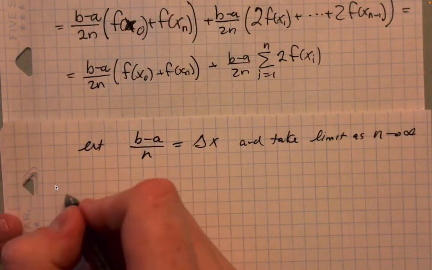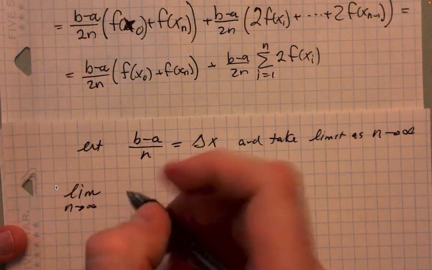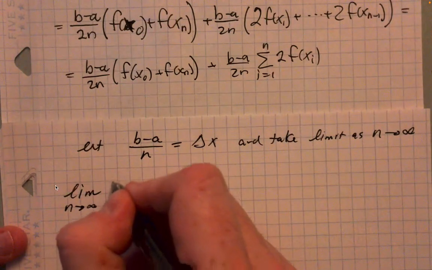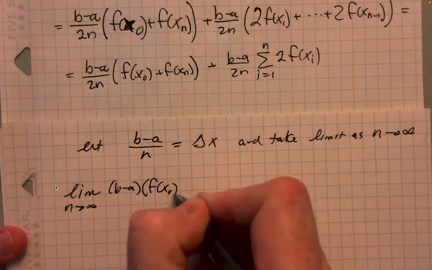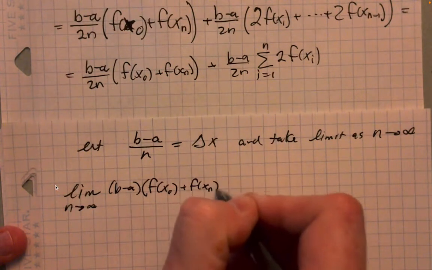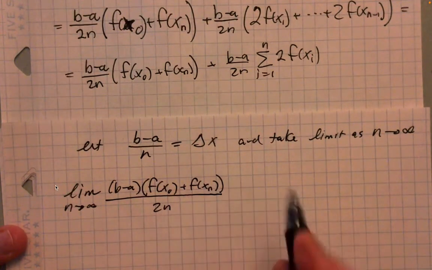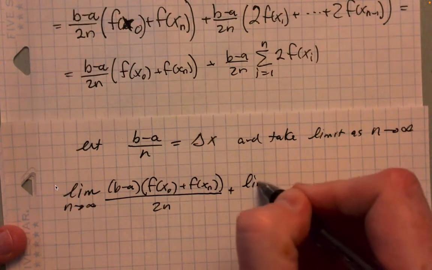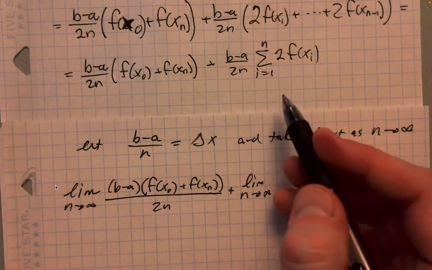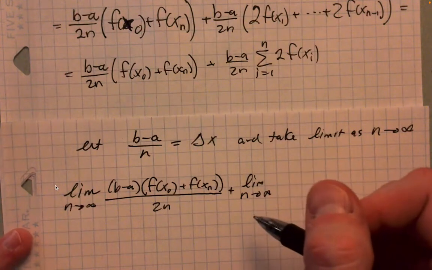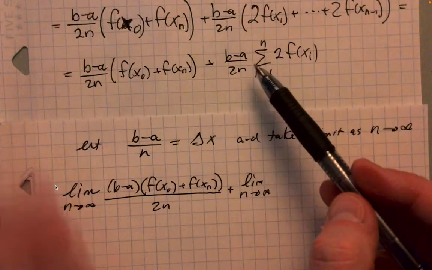Well, let's see. So we'll take the limit as n goes to infinity of, and let's just write it out up here so that there's no confusion, (b minus a) times f of x0 plus f of xn all over 2n, plus the limit as n goes to infinity of this one. So what happens here?